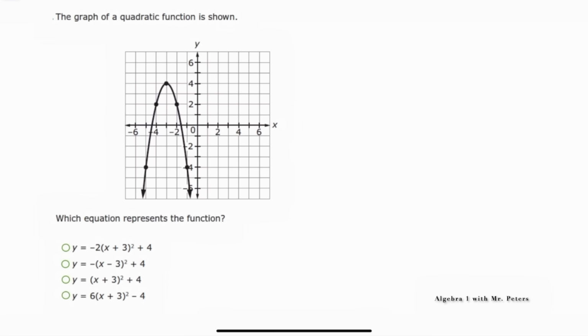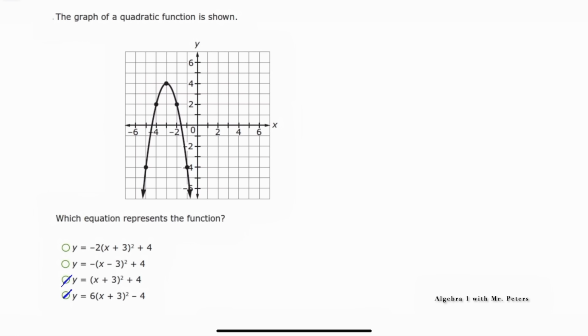In the next example, we're dealing with finding the equation for a quadratic function. And we should be able to eliminate answer choice C and D because they are positive quadratic functions, meaning the parabola would open up.